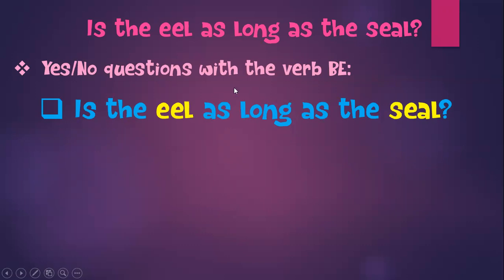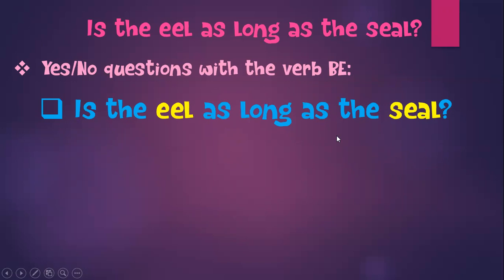As you can see in this little expression, here we have as long as. This is an adjective. So here we are comparing: as long as, as short as, as big as, as small as.